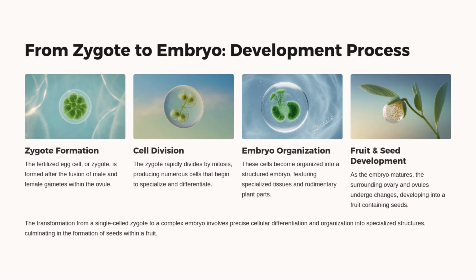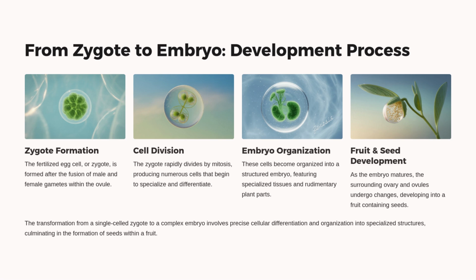From zygote to embryo, development process. Zygote formation. The fertilized egg cell, or zygote, is formed after the fusion of male and female gametes within the ovule. Cell division. The zygote rapidly divides by mitosis, producing numerous cells that begin to specialize and differentiate. Embryo organization. These cells become organized into a structured embryo, featuring specialized tissues and rudimentary plant parts.